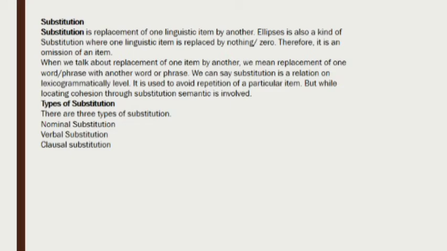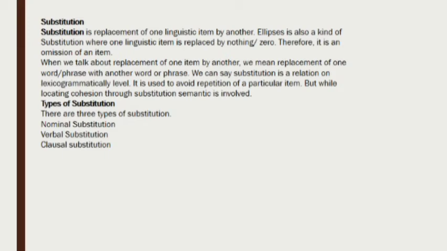When we talk about replacement of one item by another, we mean replacement of a word or phrase with another word or phrase. We can say substitution is a relation on the lexicogrammatical level. It is used to avoid repetition of a particular item. But while achieving cohesion through substitution, semantics is involved.